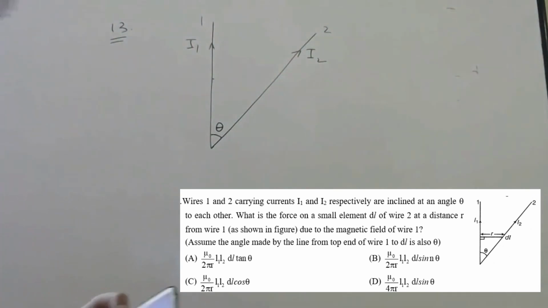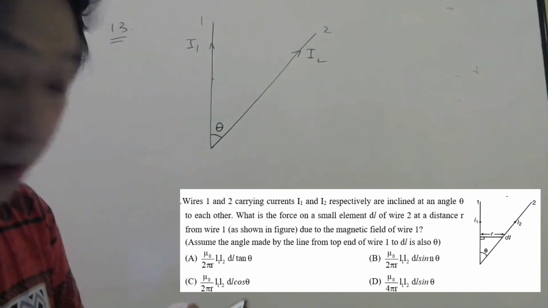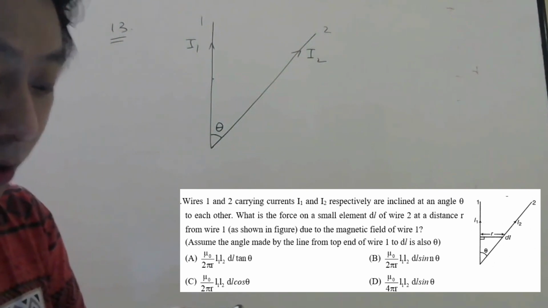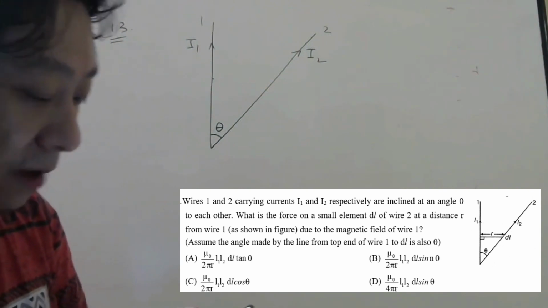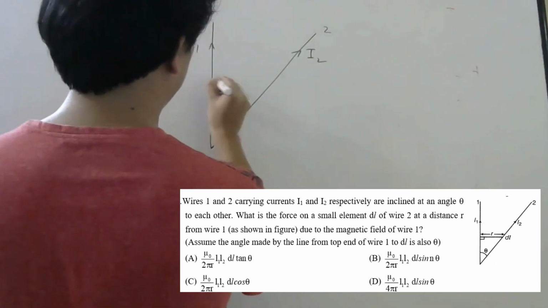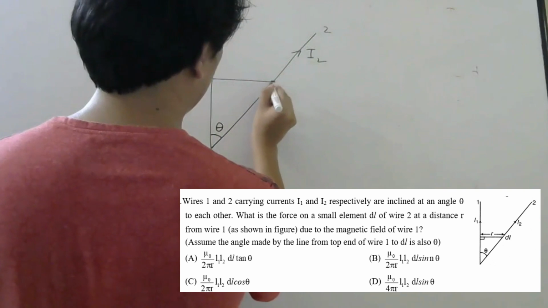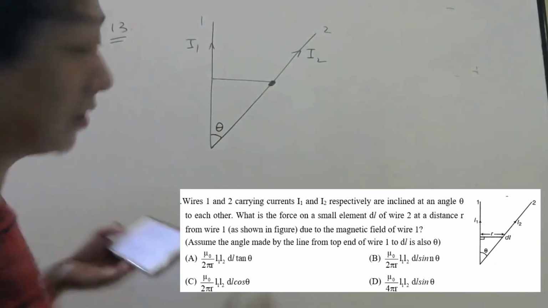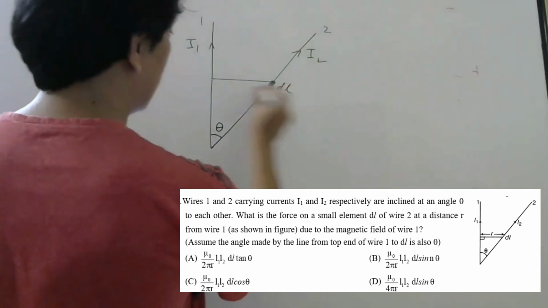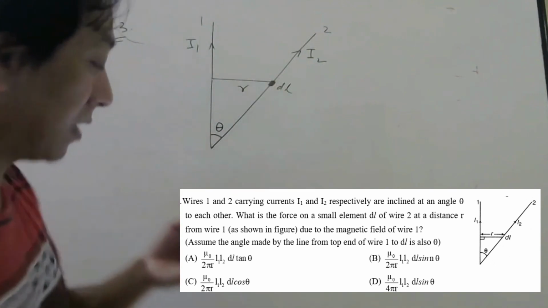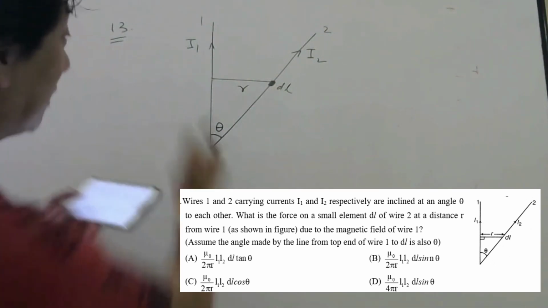So what they are asking is, what is the force on a small element dl of wire 2 at a distance r from the wire? There is a small element somewhere here, a small element dl at a distance r. What is the force on this, due to the magnetic field of this wire?